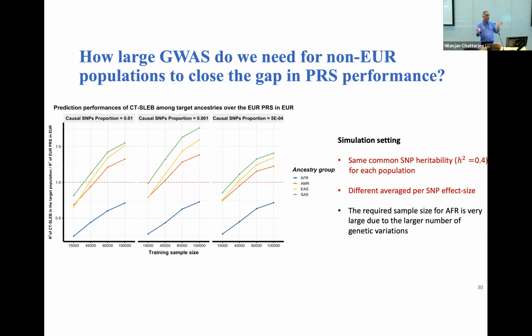So right now we do not know where we are. The African population has more common genetic variation. Does that mean they will have more heritability for these traits, or does it mean that the average heritability per variant is smaller? We do not know, so we need to collect more data and do this kind of analysis to see what sample size requirement we have in the future. Maybe in reality, it will be somewhere in between.